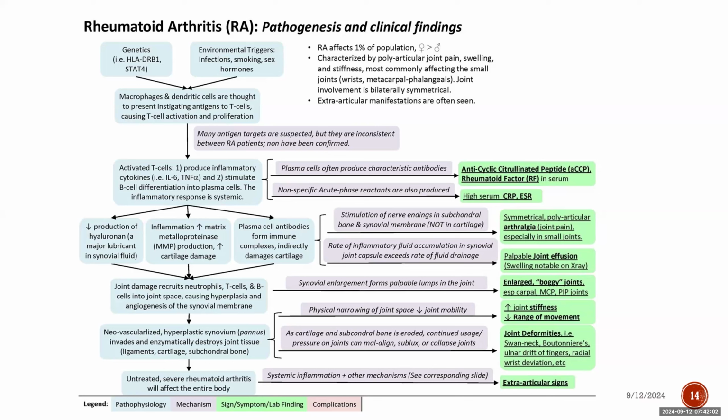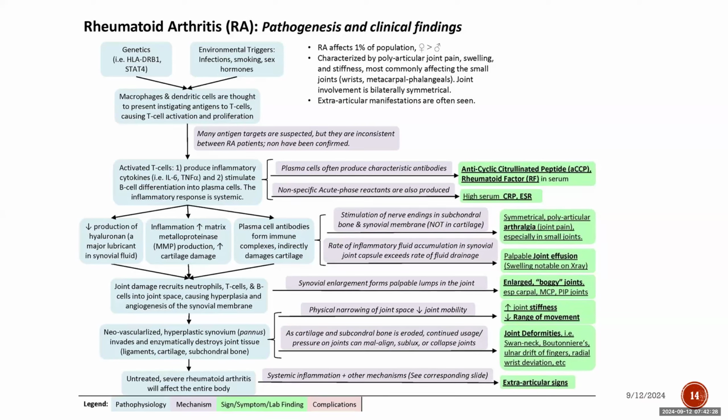And these plasma cell antibodies form immune complexes that indirectly also damage cartilage. So as we can see, because this is quite systemic, not localized to one place, you typically will see the symmetric pattern rather than just having a unilateral or one-sided pathology.